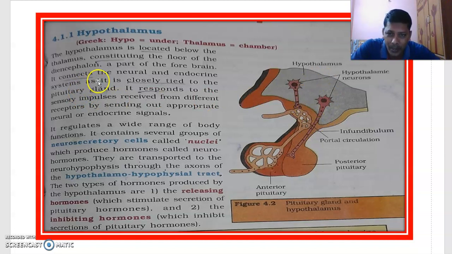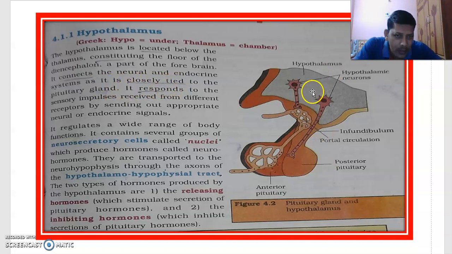Hypothalamus is that bridge which is connecting the nervous system and the endocrine system. Imagine this is the nervous system, this is the endocrine system. The two systems are connected by the hypothalamus, and it is closely tied to the pituitary gland.